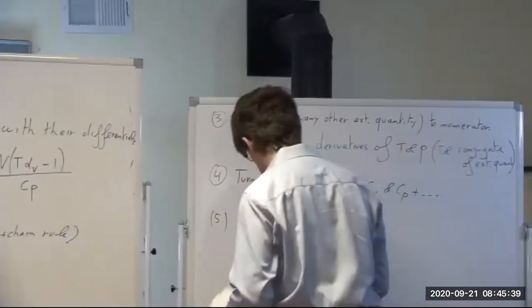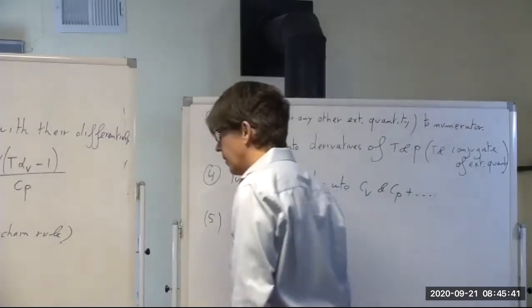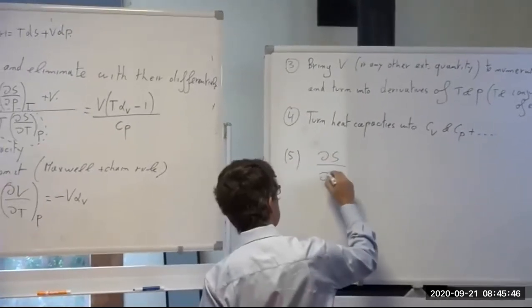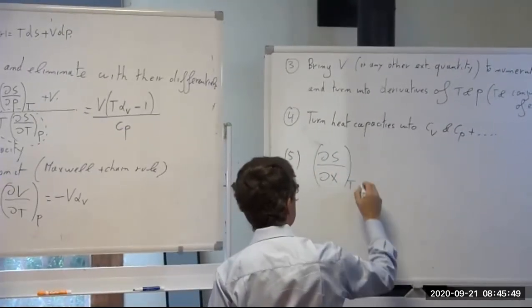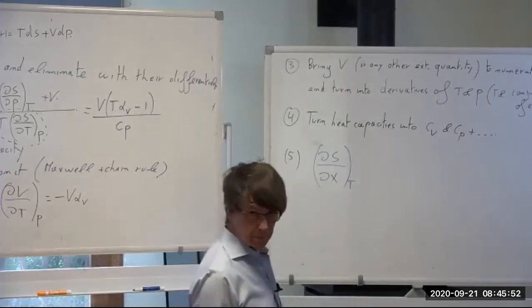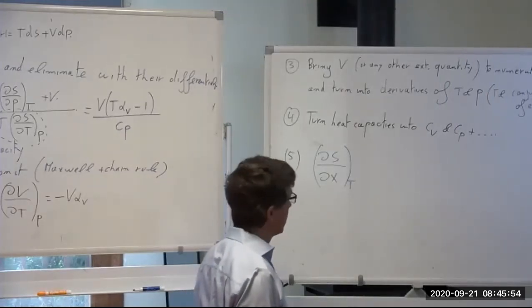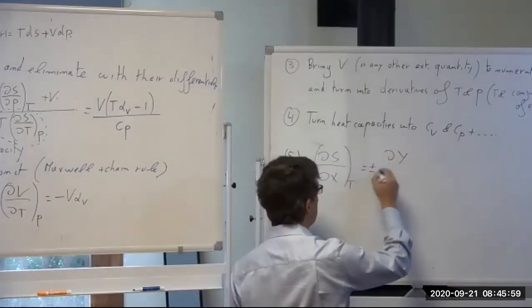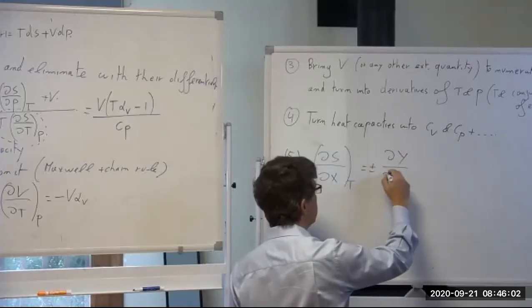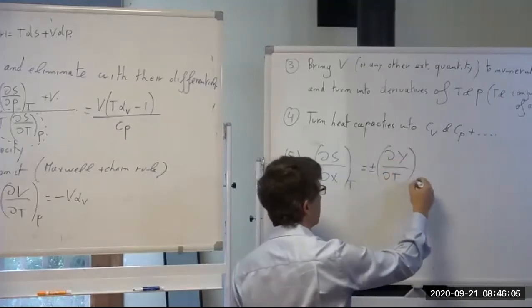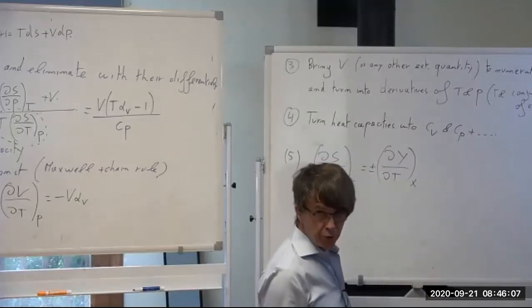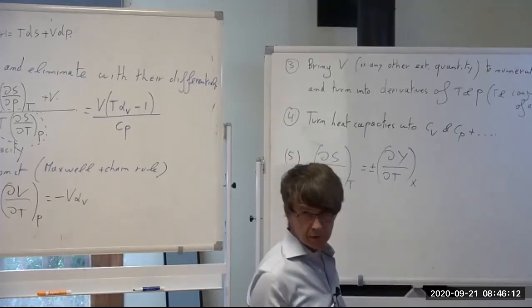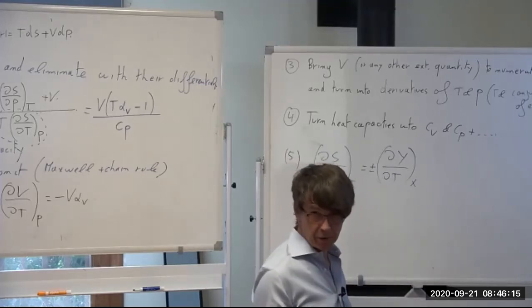So if I have a derivative dS/dX, where X is an extensive quantity, at constant T, if I use Maxwell on this, you're going to get dY/dT, where Y is the conjugate intensive quantity, at constant X. That's usually not useful because you always measure the temperature dependence of extensive quantities like volume, magnetization.